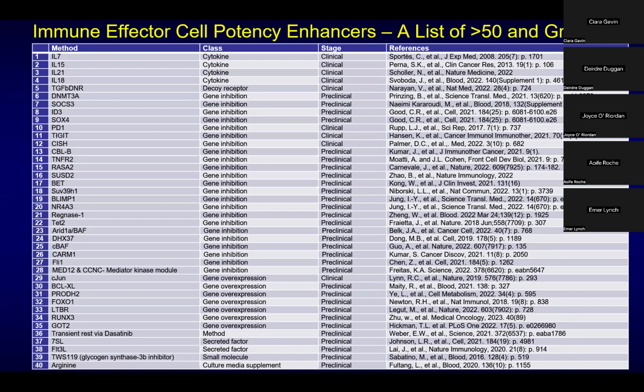And I started collecting reports of how you make more potent CAR T cells, and pretty soon I had a long list of 50 and growing. Now, if you're wondering which combination would be best, or whether it's 2 or 3 of these modifications, whether it's a gene inhibition, a cytokine, or gene overexpression, that's a very large number. So we need better ways to screen these in animal models and potentially in humans.